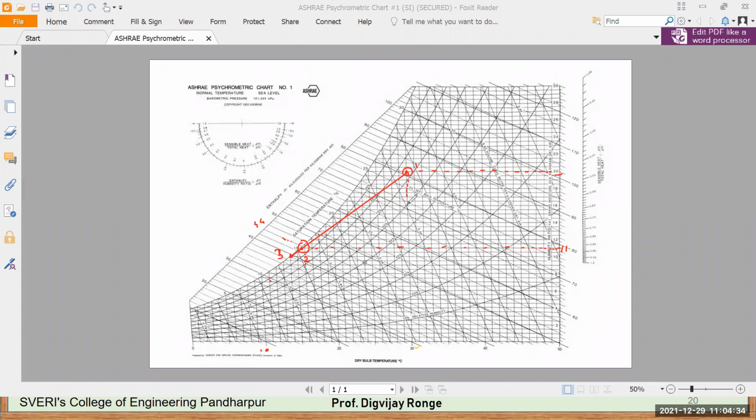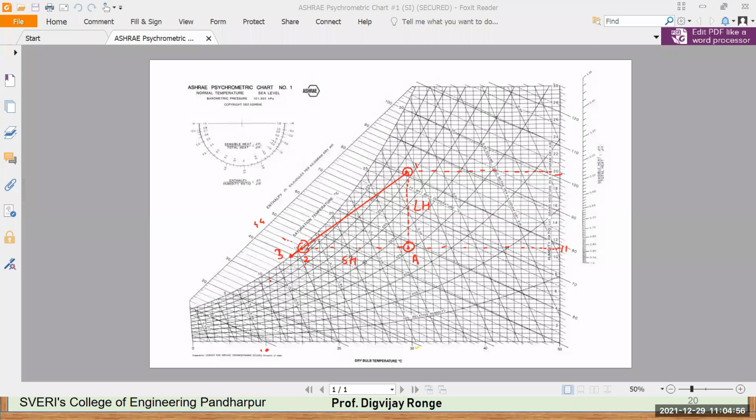This is the triangle here, and this is the point A, which I have got now. Now I have to know the sensible heat as well as latent heat. This will be sensible heat, and this will be latent heat. Always the vertical part is latent, and the horizontal part is sensible heat.